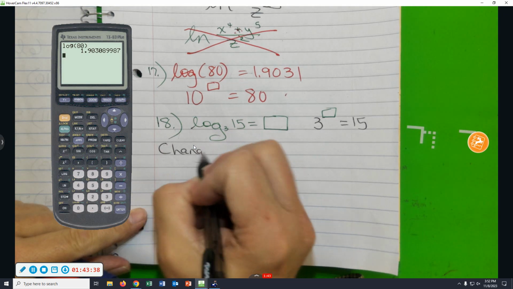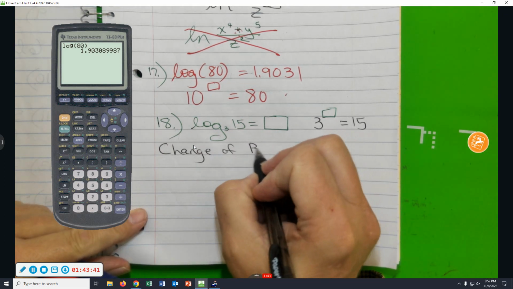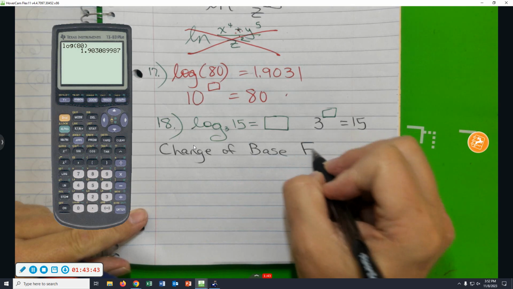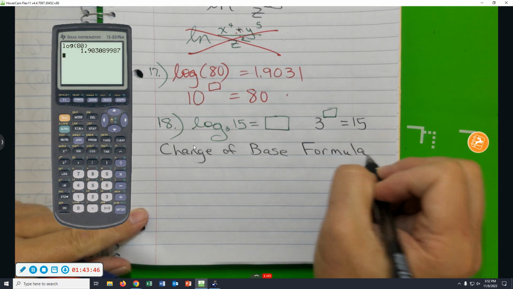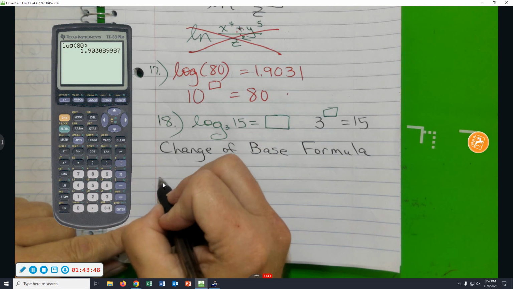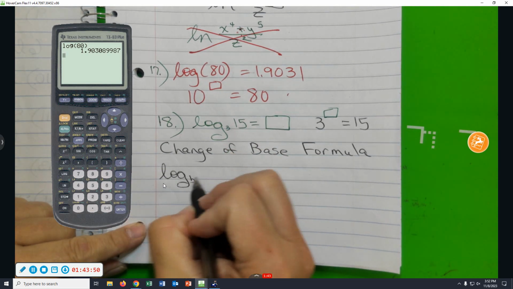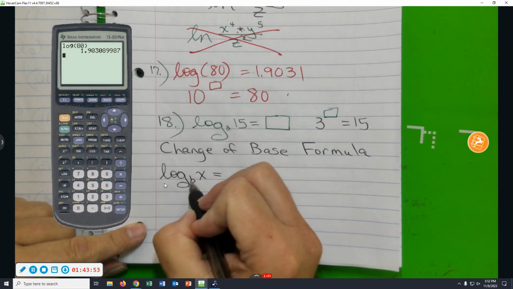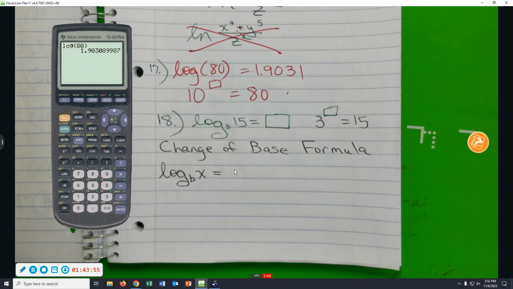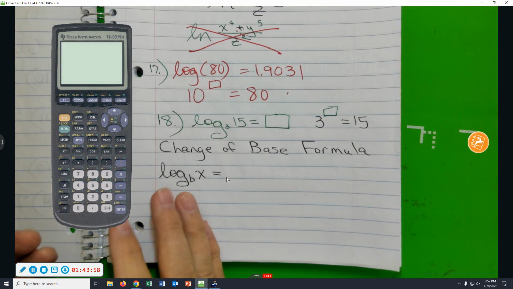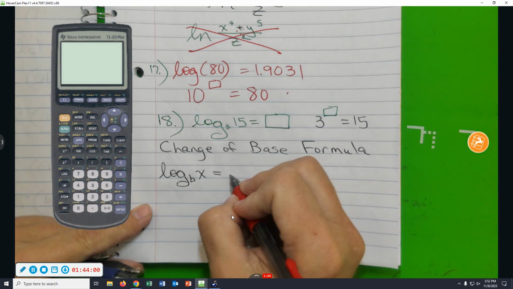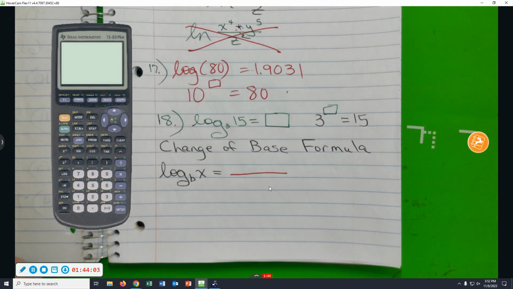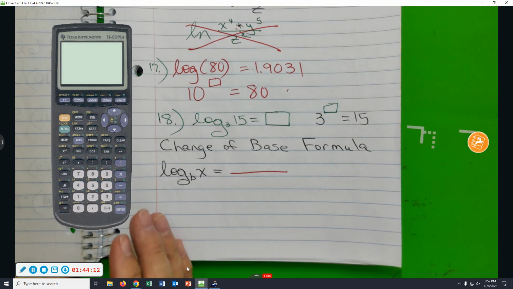So this is important for other classes, okay? The change of base formula. It's not a hard formula. Let's say you have log base b of x. You can convert it to any logarithm you want using a quotient. But for our purposes, if we're going to use a calculator, we're going to want it either in log or ln. So I'm going to state it only in terms of log and ln.